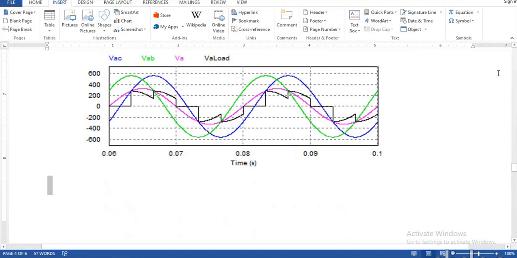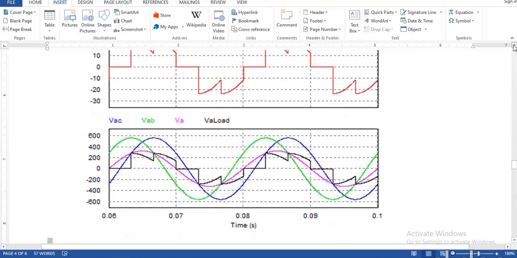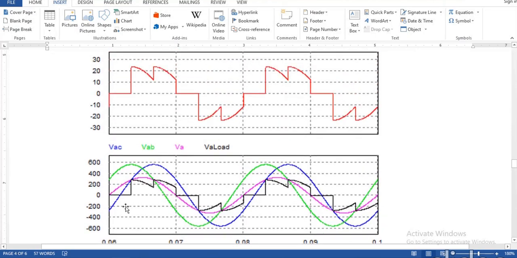I have not even plotted the current. Maybe I have plotted it. Let me show the current waveform. Yes, this is the current waveform. You can see this is the voltage waveform, which is black in color, and this is the current waveform, which is red in color. Both of them are exactly similar in terms of their shape. They are only scalar multiples of each other. There is a scalar multiplication between the voltage and current.